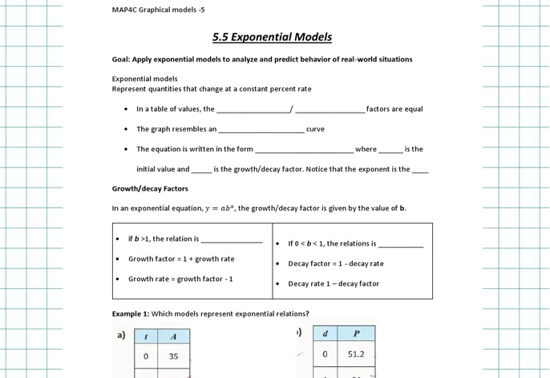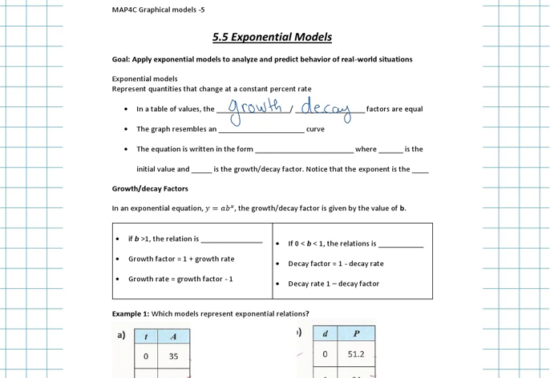In a table of values, we call them the growth or decay factor. They are equal. So the growth and decay factor are equal.